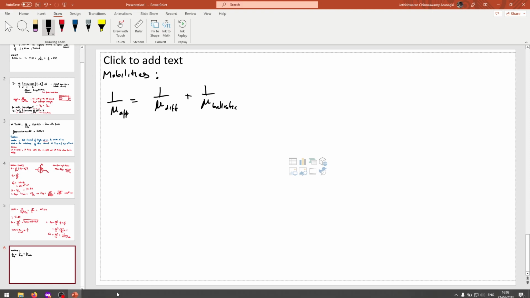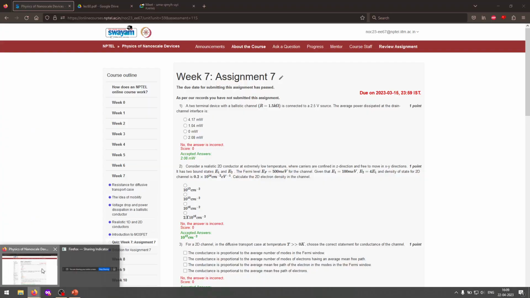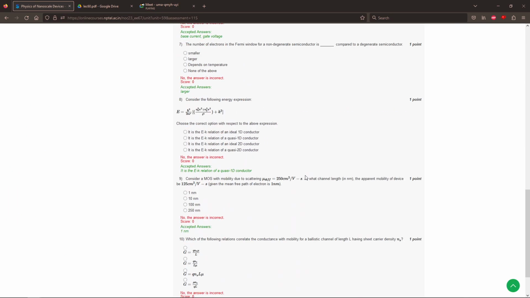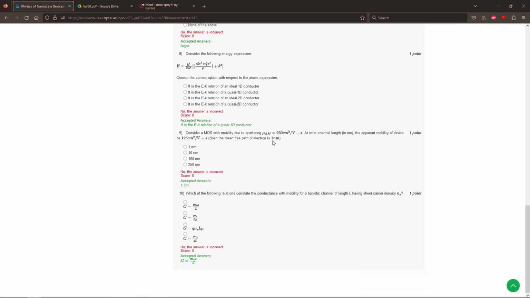Okay, wonderful. Good question. So the point here is simple. What is the mean free path here? It is 1 nanometer. Is that clear? Yes, sir. So whether a given channel is ballistic or diffusive is with respect to the mean free path.